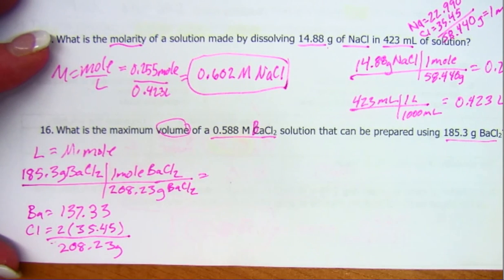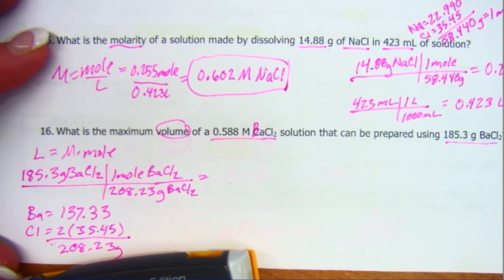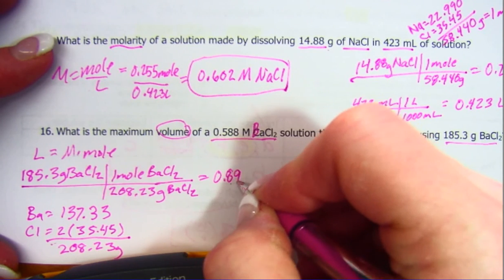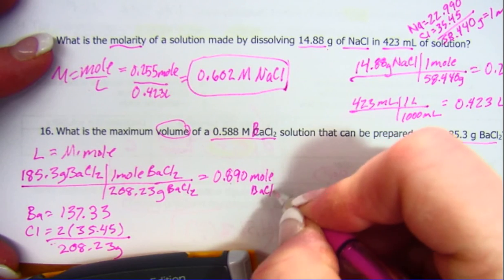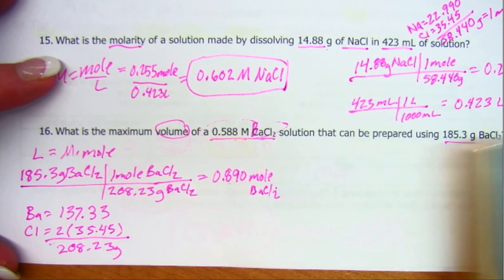Now again, if you did it with calcium chloride, I just changed one and forgot to change the other one. Okay, I'm going to put that on the bottom, and I'm going to times it by 185.3, whoops, 0.3, and I get 0.890 moles of barium chloride. All right, now I've got moles and I've got molarity, so now I'm going to work with them together.